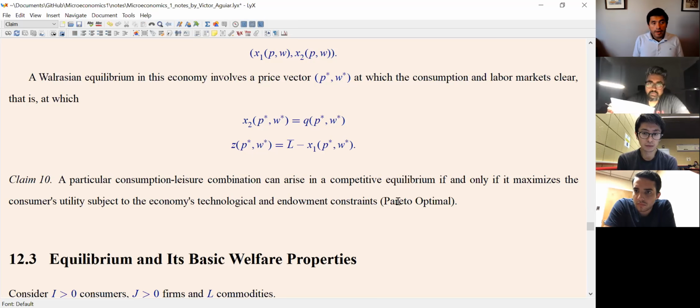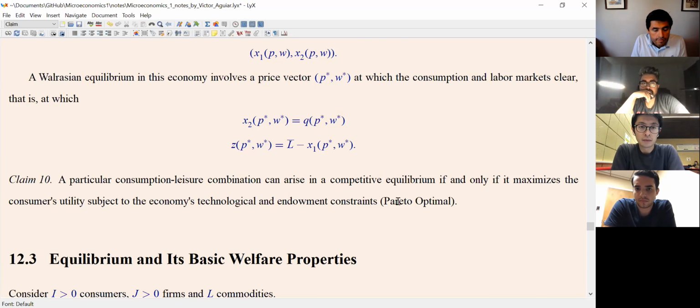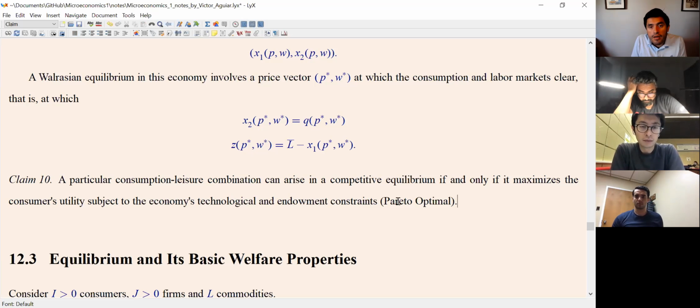So again, this is all about decentralized solutions to potentially hard problems to solve at the social level. So imagine now you have a social planner that wants to make Robinson Crusoe as happy as possible. What will this guy, the central planner, do? He will basically maximize the utility of Robinson Crusoe subject to the technological constraint, right?